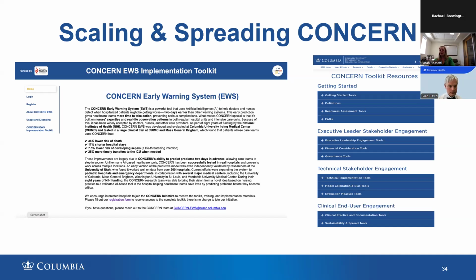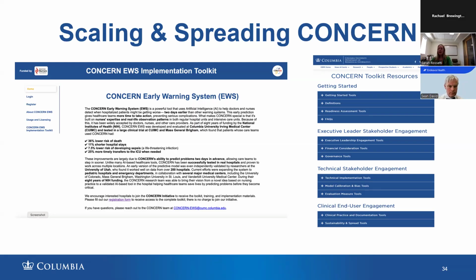And so what we've decided to do is, at this point in our journey, we're very open to any sites that are eager to implement this, would love to work with you. Up to this point, we've implemented just at sites where we've had research funding to do so. And so naturally through that, you have all of the contracts that go with it, and you're able to proceed.